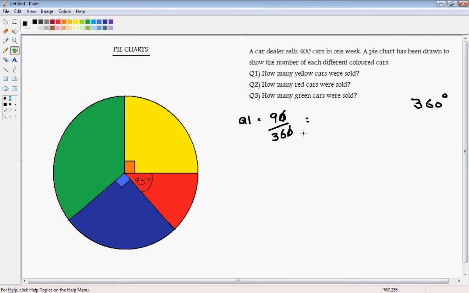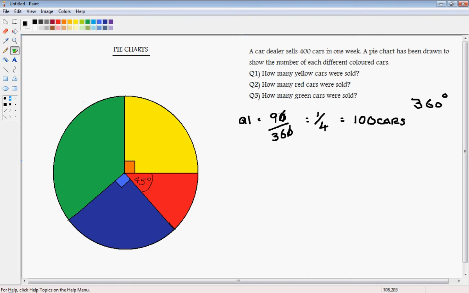If you know your 9 times table, 9's into 9 goes once, and 9's into 36 goes 4. So we've actually proven that this is a quarter of the circle. If it's a quarter of the circle, it's a quarter of the number of cars. A quarter of 400, that would be 400 divided by 4, would be 100 cars. I hope that I've explained that okay to you.